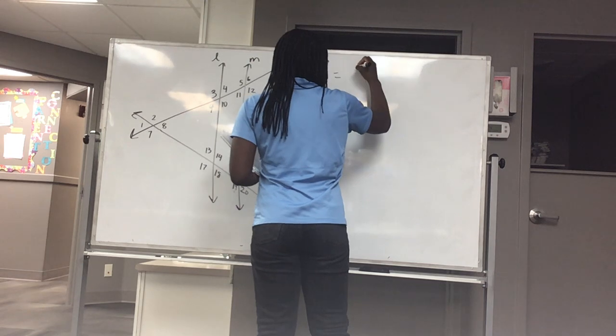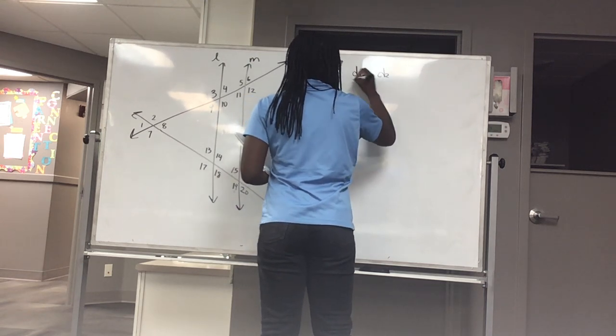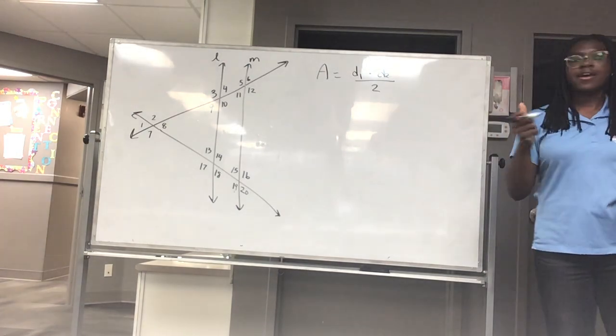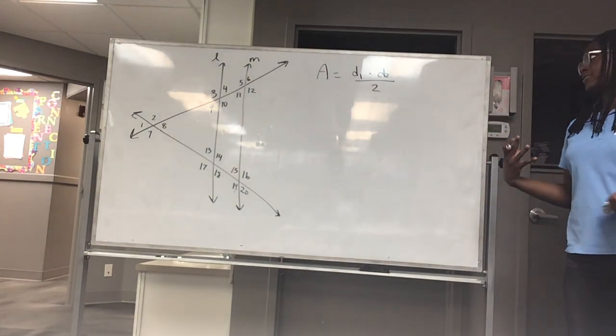So this is the equation for finding the area when you know the diagonals of a quadrilateral.